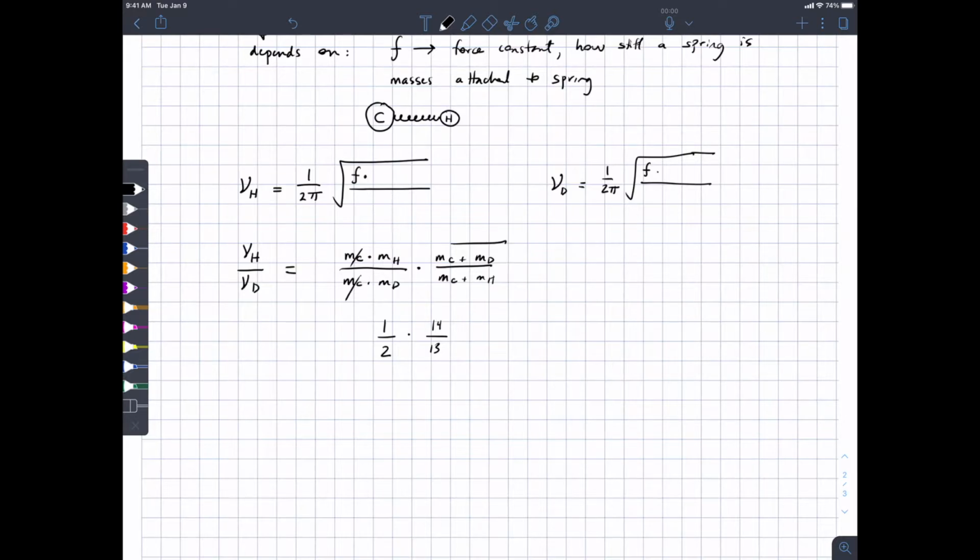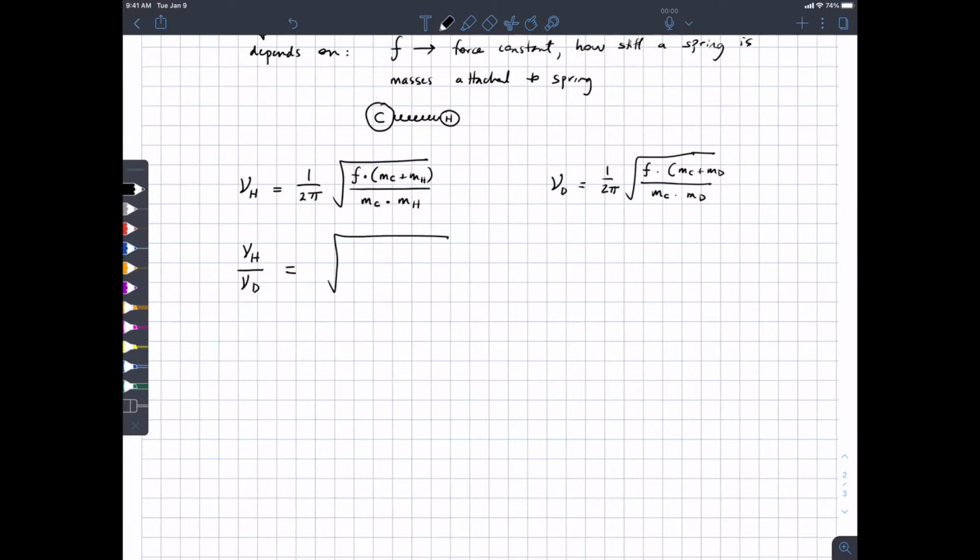Okay. So up here is mass of carbon plus mass of hydrogen. Down here is mass of carbon times mass of hydrogen. I'm sorry about that. Very remorseful, but I can't go back and change it. So there you go. Maybe I'll go back and edit this part out of the video so I sound smarter than I am, right?